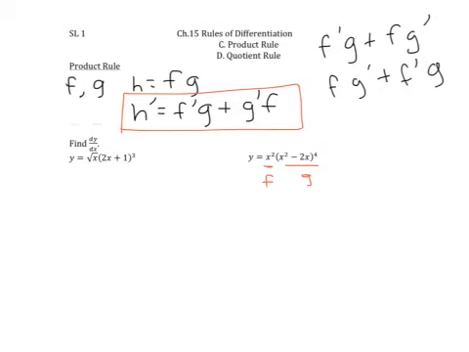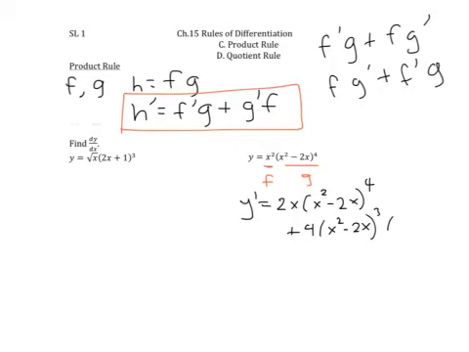Derivative of a function is equal to f prime g, that's derivative of f, multiplied by g, then add g prime, which is 4 times x squared minus 2x raised to the third power, but don't forget to multiply by the chain rule, so we have 2x minus 2, then multiply by f, which is going to be just x squared. So let's simplify this.